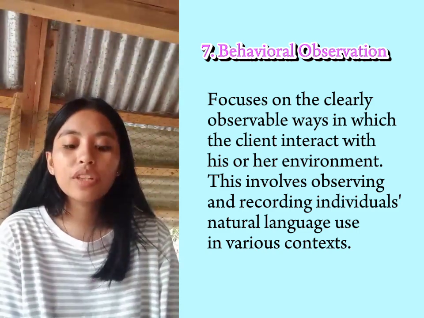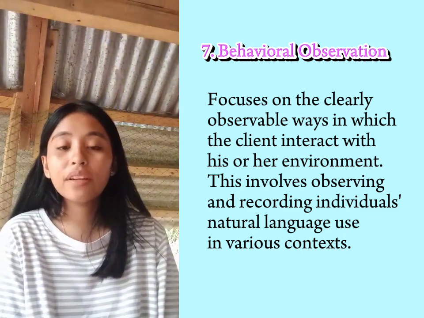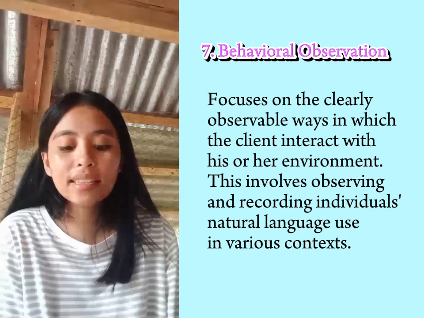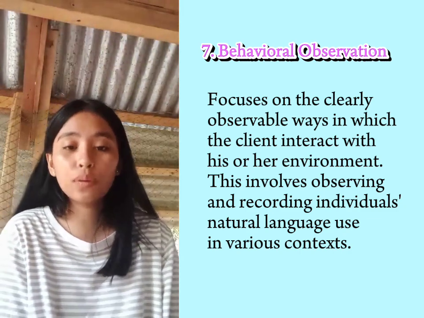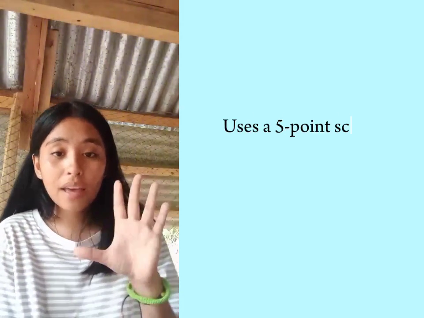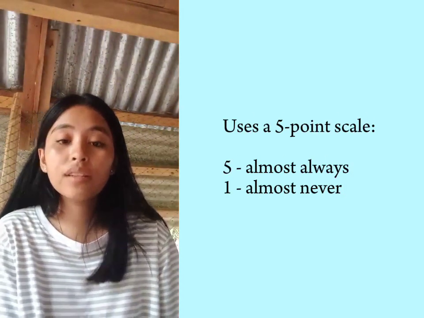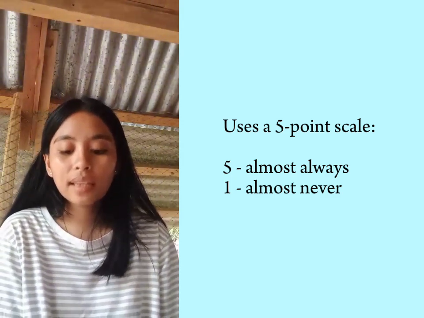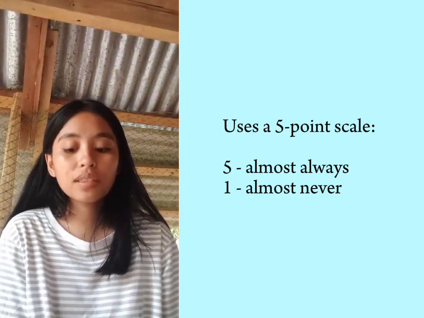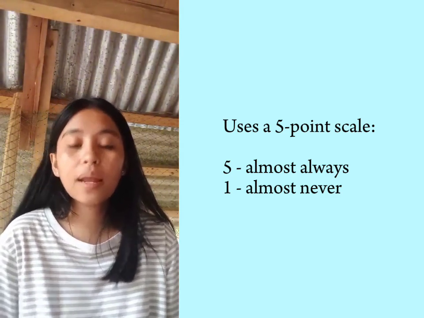So, behavioral observation may be used informally as part of an interview or in a testing session or as a method in its own right. Behavioral observation scales are a measurement tool that measures the frequency of a behavior. They use a 5-point scale. 5 is almost always and 1 is almost never. The observer selects the appropriate value to match the behavior of the person being observed.